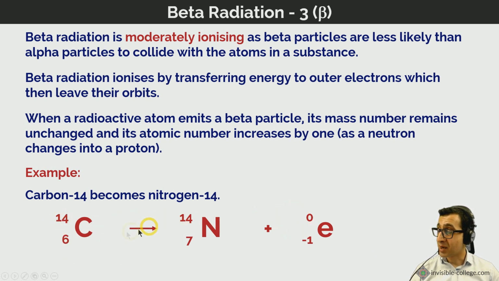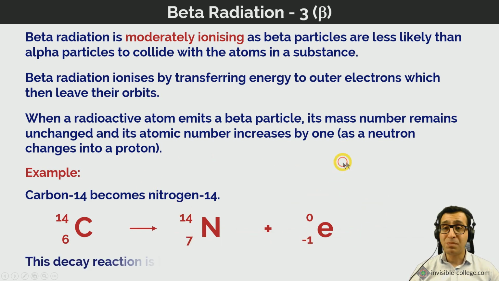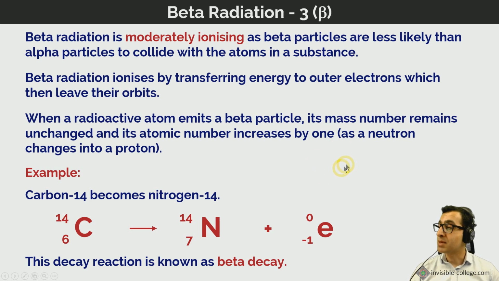And so we can see here by inspection that that is the case. We have a total of 14 mass number units on the left. We have a total of 14 on the right. And speaking in terms of atomic numbers, on the left we have a total of 6. On the right we have a total of 7 plus -1, which gives us 6. So this is beta decay or beta emission.